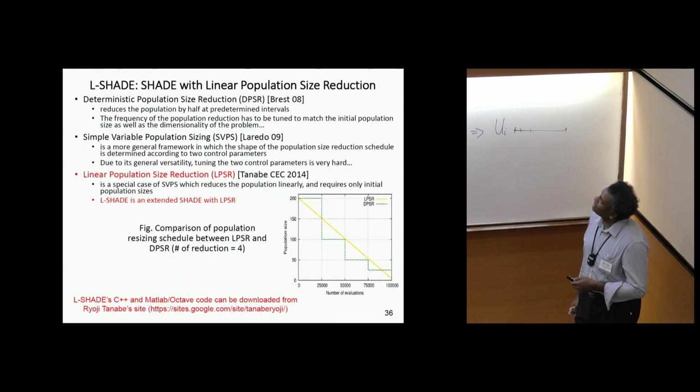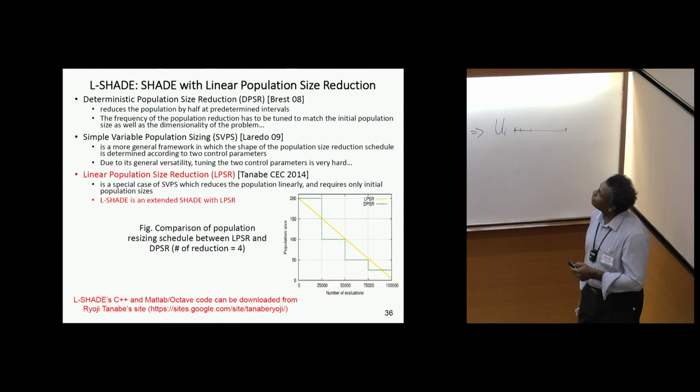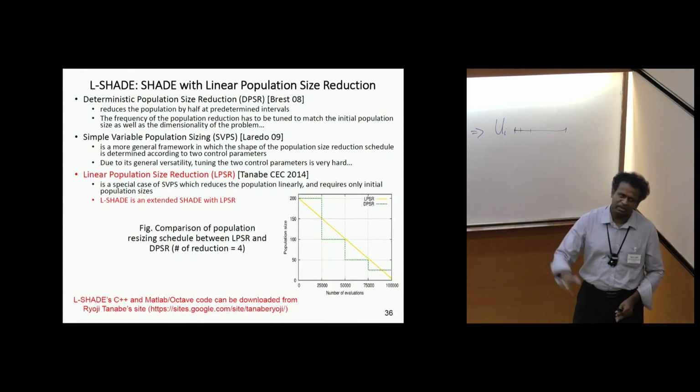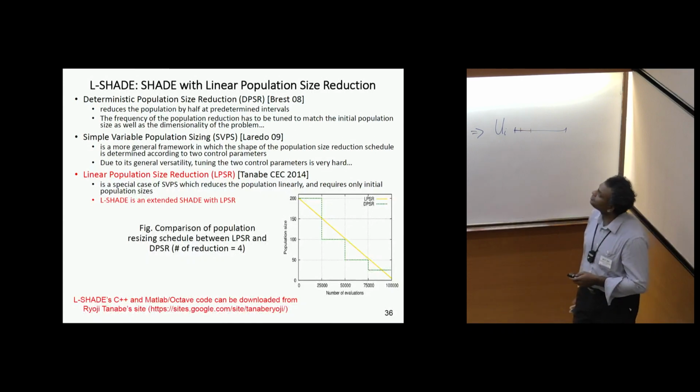The same authors also demonstrated that population size reduction was very good for the algorithm. So they used linear population size reduction, starting with a relatively large population initially and then going down to about 5 members eventually, which improves the performance.